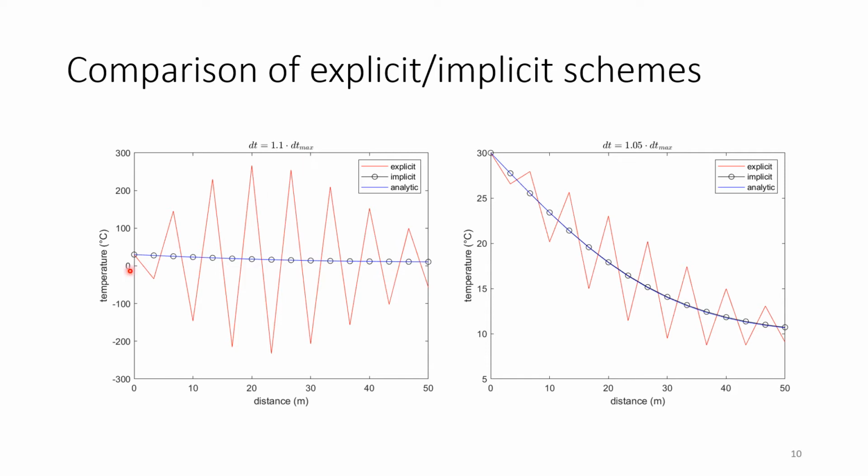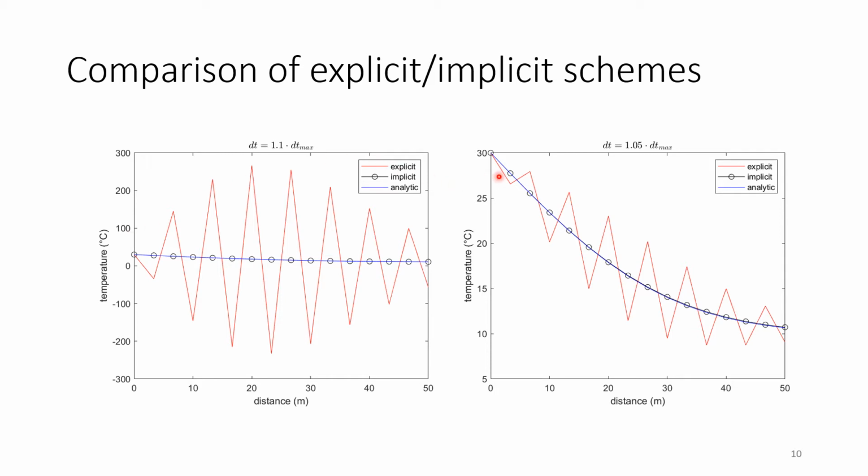And you see that this explicit simulation has nothing to do with the analytical solution or the implicit solution. You already see that the implicit solution is quite a good fit to the analytic solution, but the explicit has nothing to do with this, right? And if I decrease my time step further, coming towards the maximum allowed time step of my stability criteria, we see, okay, now, note the change in x direction.